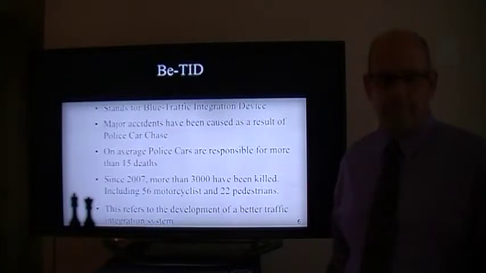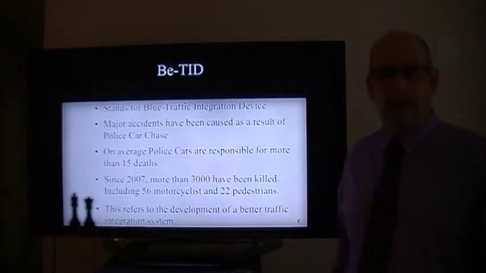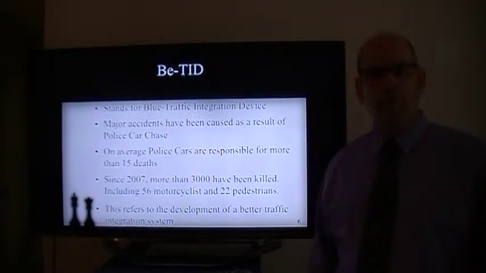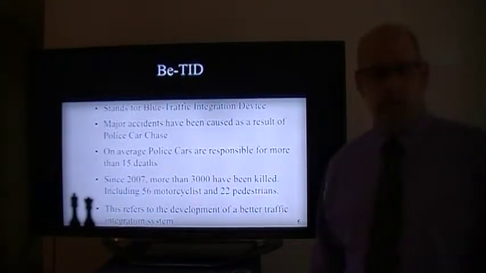Next slide. The name selected for this device is BTID, short for Blue Traffic Integration Device. The rationale for developing this device is that more than 150 people have died in police-related car accidents since 2004, including 79 car crashes.